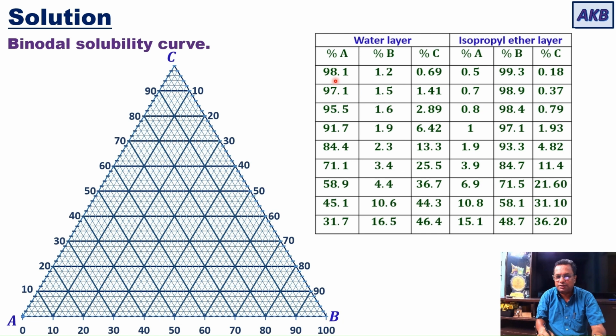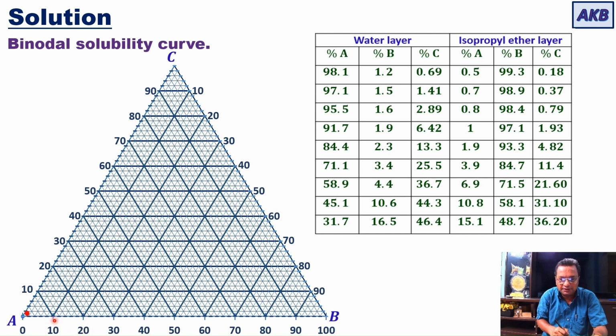Let us first plot this point, a mixture that is containing 98.1% of A. So this point will be lying over here. The first line parallel to the side BC from apex A will be representing 98% composition. For example, each division represents 2% composition.